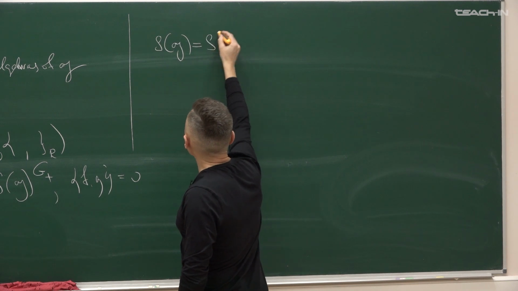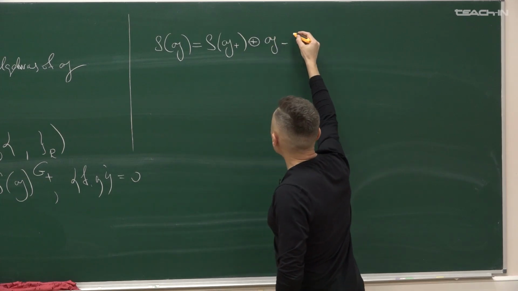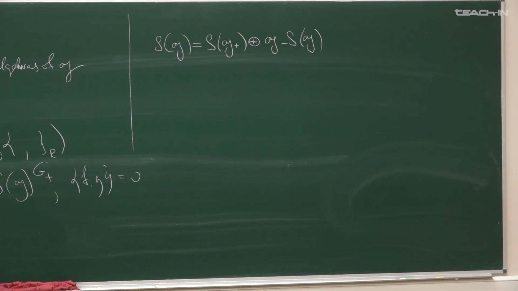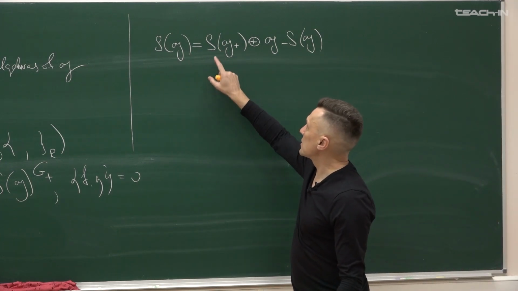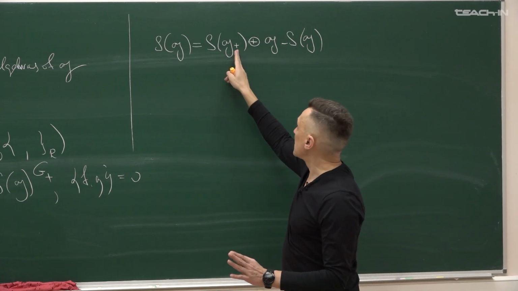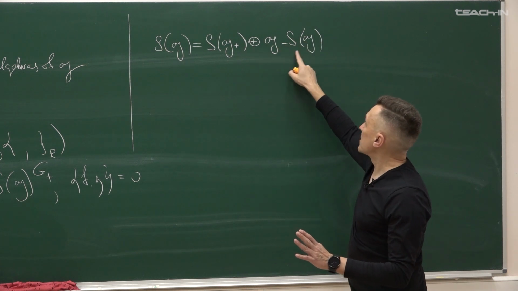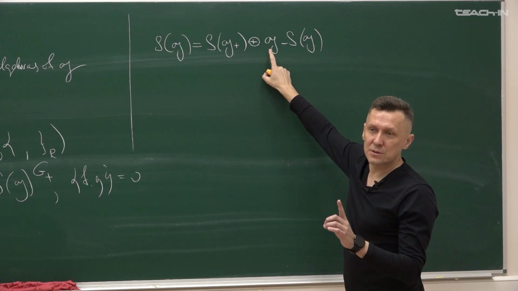So I represent it as S of G plus, plus G minus multiplied by S of G. Do you understand what is written? If not, it's better to discuss, because it's not complicated. G minus multiplied by S of G. So the first term means that we consider only monomials containing only G plus elements. And this means that we consider monomials which contain at least one generator of G minus.